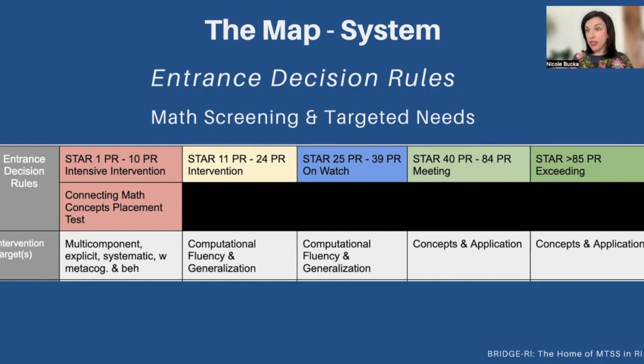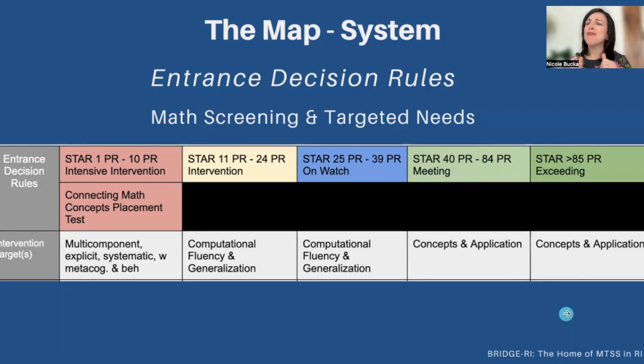So we taught them, if they didn't already know, that there are already decision rules built into Star Math in the colored system. And you can see that intensive intervention is labeled roughly the 1st through 10th percentile, while intervention is roughly the 11th to 24th percentile, on watch, 25th to 39th percentile, and so on.